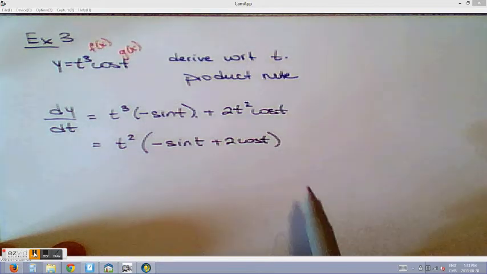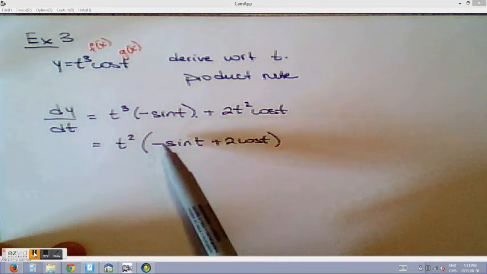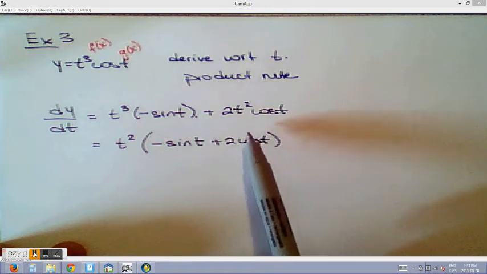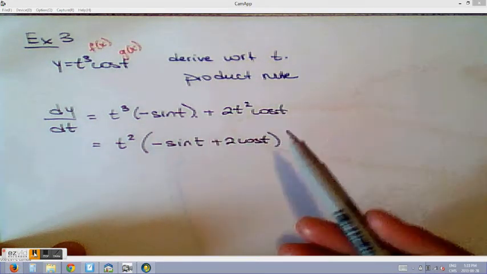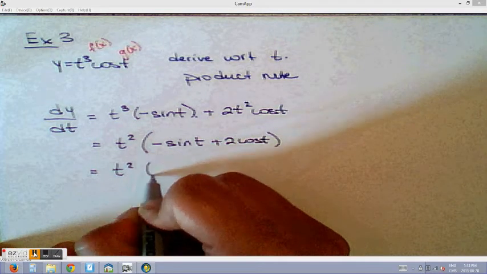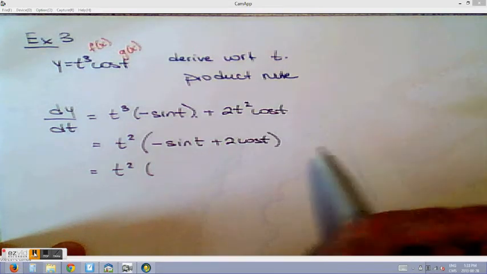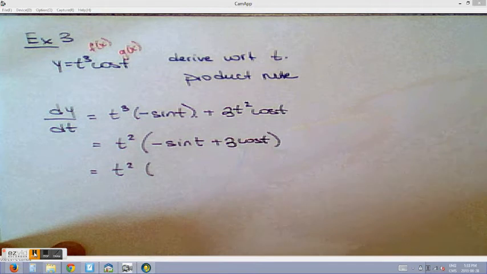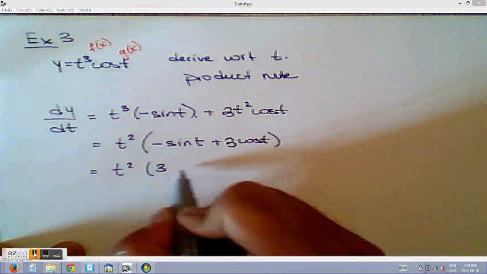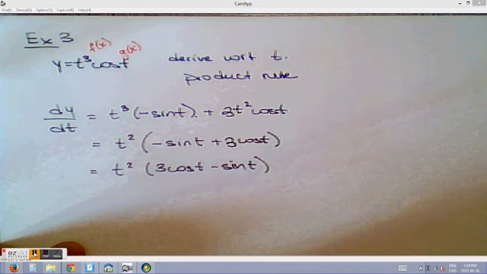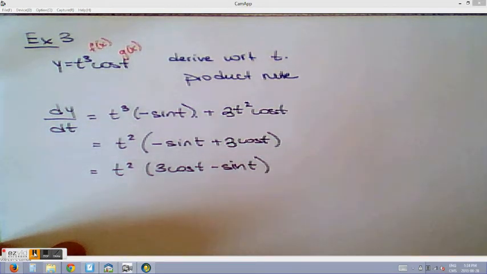Although that is correct, I always like putting my negative terms second, so having a term that is positive first. And over here, I've made a mistake with the 3, so we'll change that to 3. So 3 cosine t minus t sine t. And that's it. And I don't see anything else that we could actually do there.